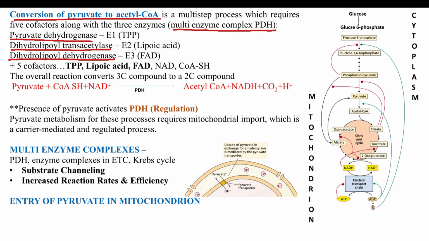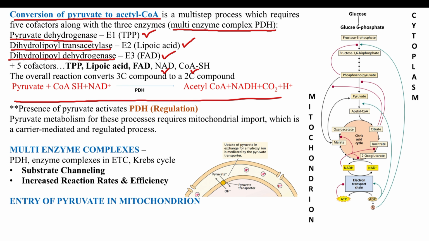The 3 cofactors are TPP, which is linked to E1 or enzyme 1, lipoic acid, which is linked to enzyme 2, and FAD linked to enzyme 3. There are 2 more cofactors in the form of NAD and the coenzyme A. The overall reaction is given for clarity.